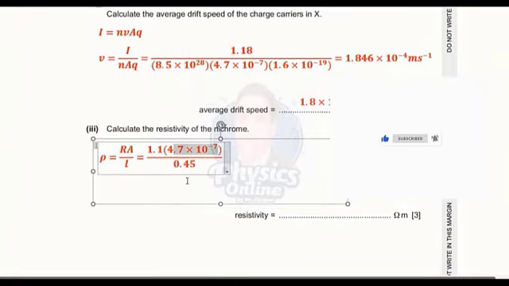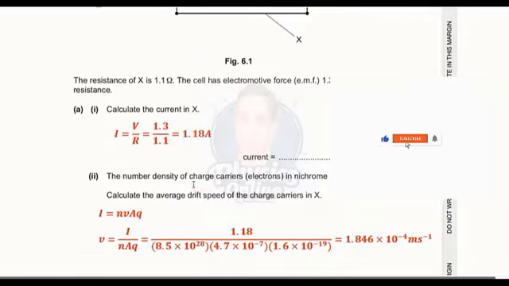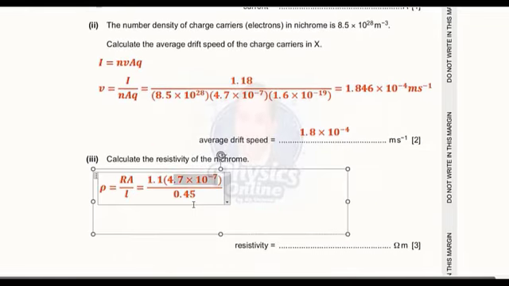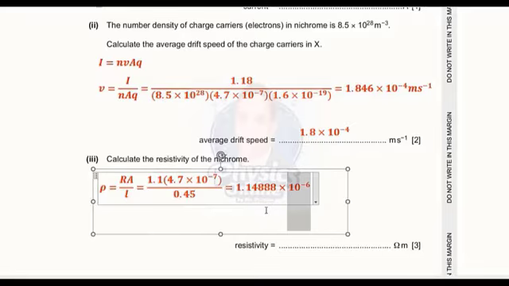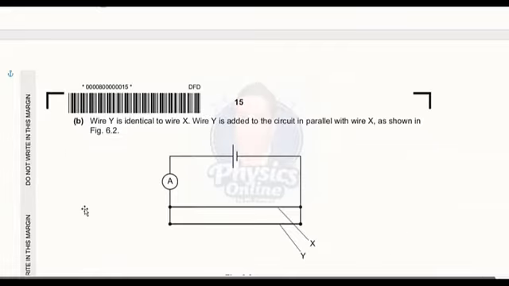And L, the length of the wire, is mentioned also here: 45 centimeter, which is 0.45 meter. This gives 1.14888 times 10 power negative 6 ohm meter. So the final answer will be 1.1 times 10 power negative 6.